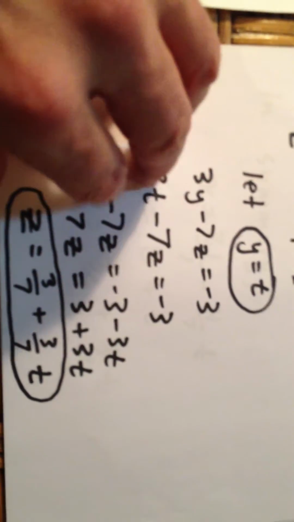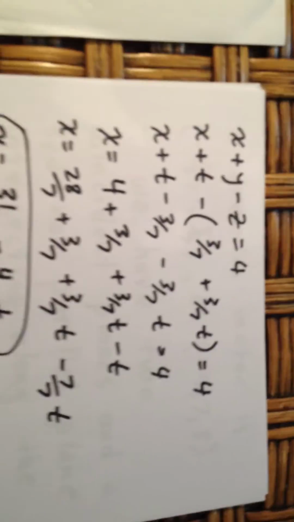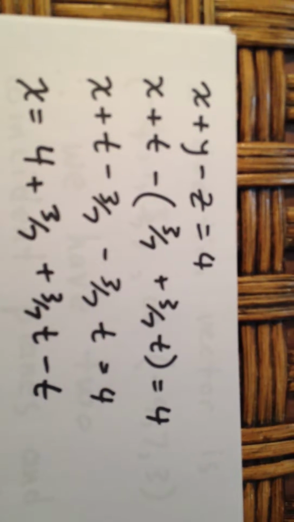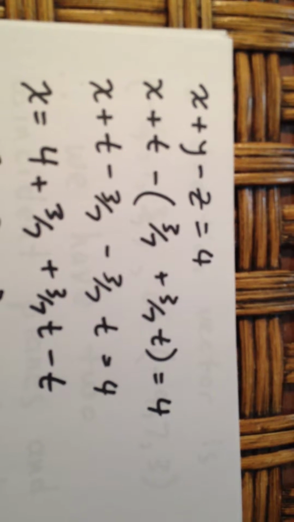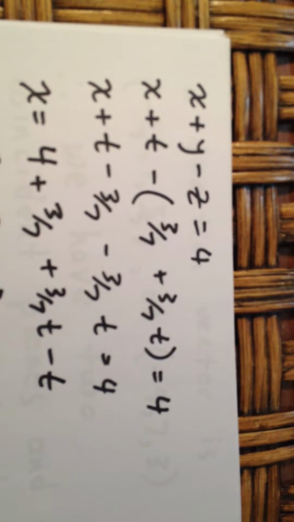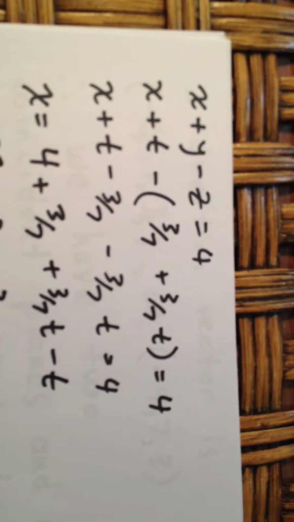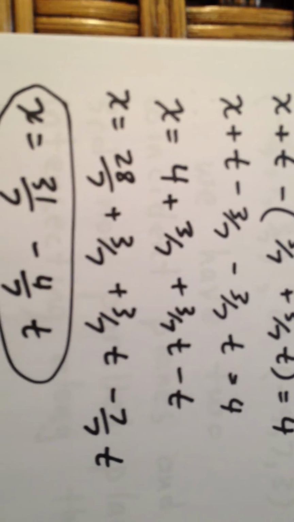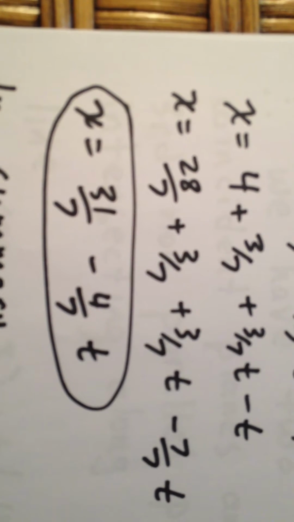Okay, now that we know what y is in a parametric form and z is in a parametric form, we can solve for x in a parametric form by going back up to the top line of our matrix, which said x plus y minus z equals 4. We plug in the parametric equation for y and the parametric equation for z. We distribute and isolate the x. And when we collect like terms, we end up with x equaling 31/7 minus 4/7 t.